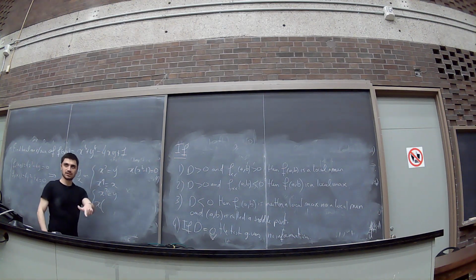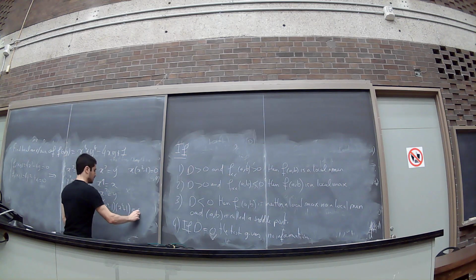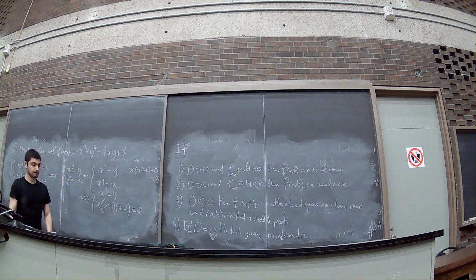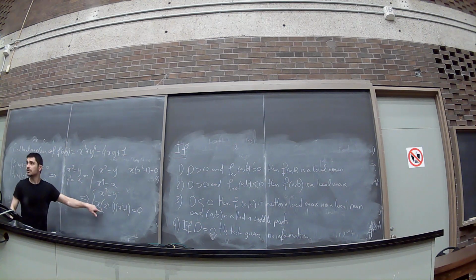It's x to the 4 minus 1 times x to the 4 plus 1, right? What are the solutions here? You have x equals 0, or x equals 1, or x is equal to minus 1. Agree? Everybody?